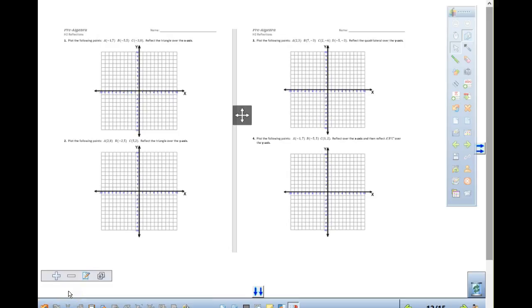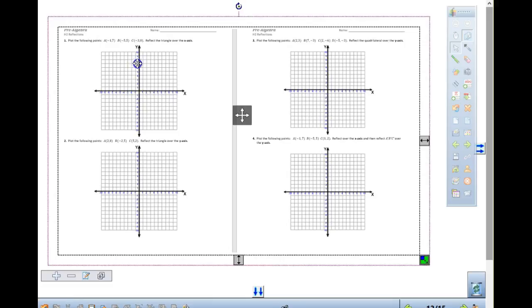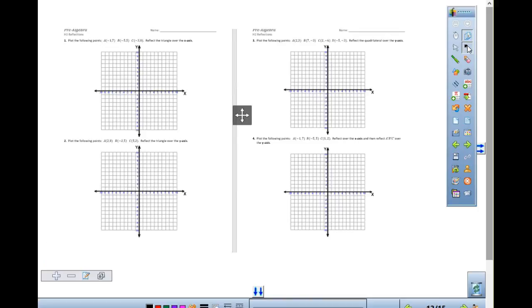It's already doing that. Yes, because on the quiz, that's how I'm going to know, because it'll say reflect it and label. So when I'm looking at yours and I see the -1, 7, and I call that A, and I'm reflecting over the x-axis, I should be at -1, -7, right? And I should see A prime.